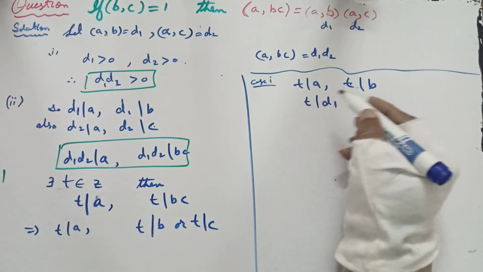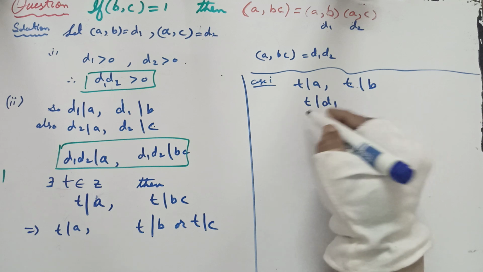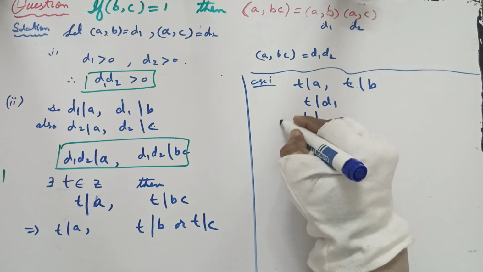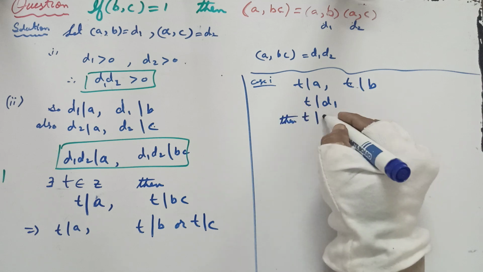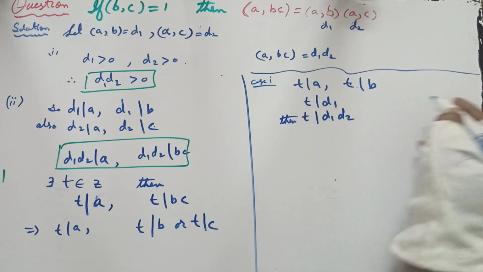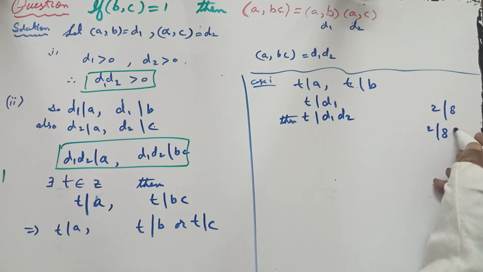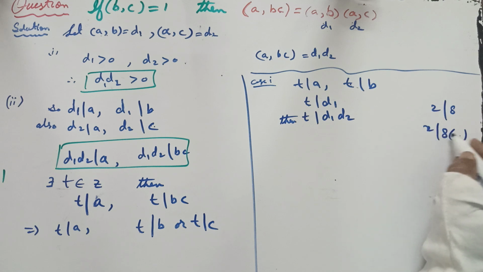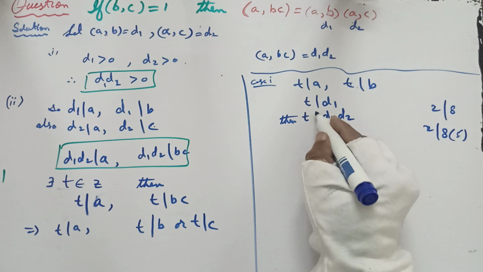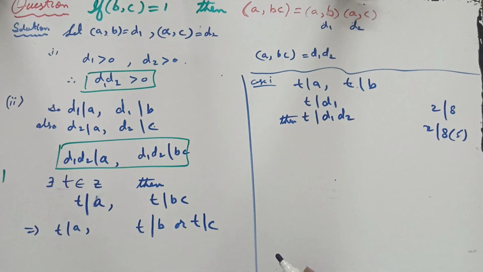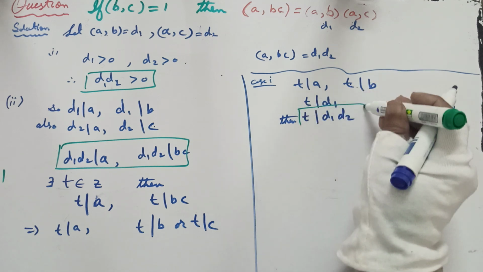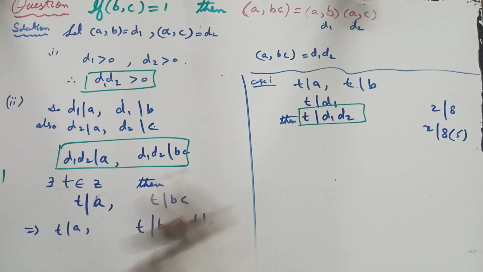So a common divisor divides the greatest common divisor, and then T must divide D1 D2. If 2 divides 8, and I multiply with any number, 2 must divide their product, 5, 6, 7, 8, any number. So T divides D1 D2 in this case. This is also the third condition.